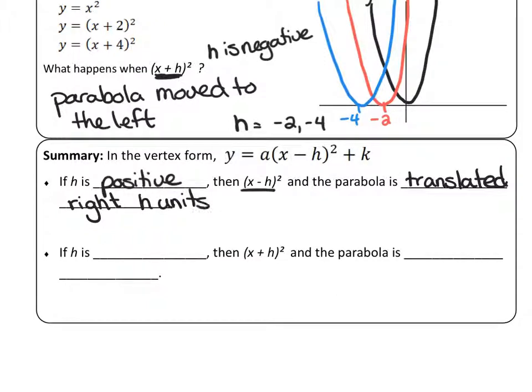So whatever h is, it moves that many over. And then if h is negative, then it's going to look like this, x plus h, and the parabola is translated to the left, h units.